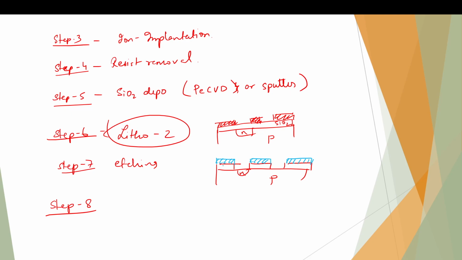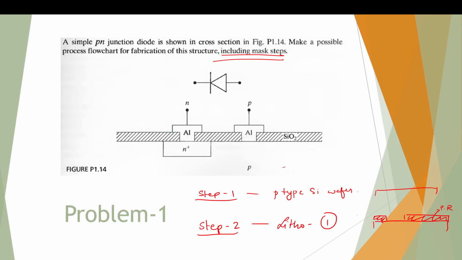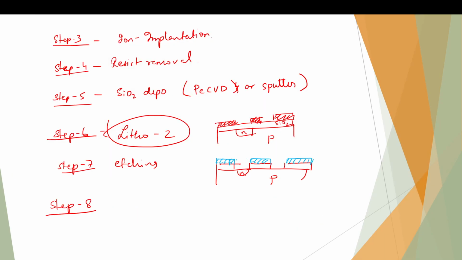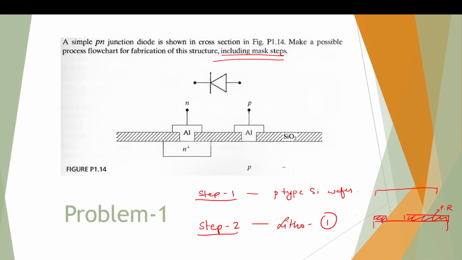So we can in principle use the same mask, but if we want a slight width here, just to be on the safer side, we'll have to make a different mask, so that will mean that we need a third mask, so that this metal is slightly wider, like shown in this picture.